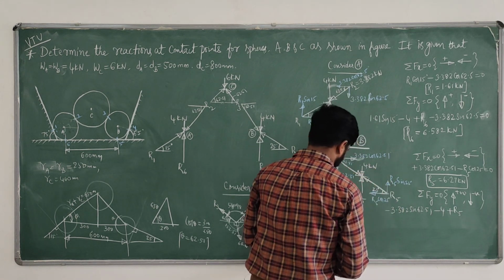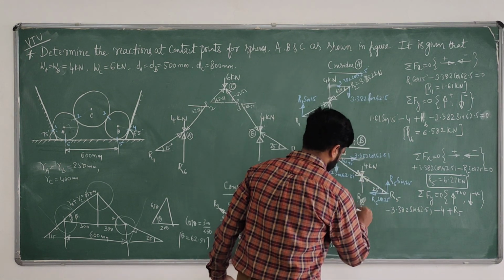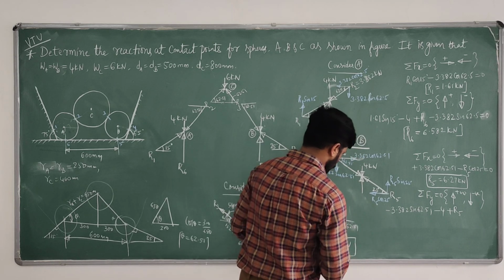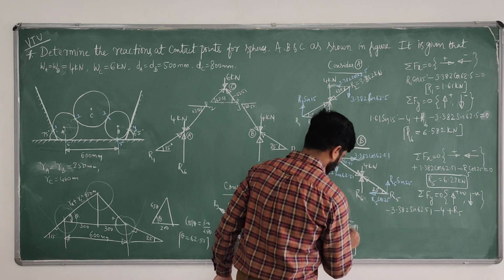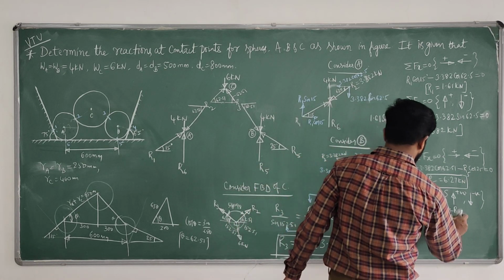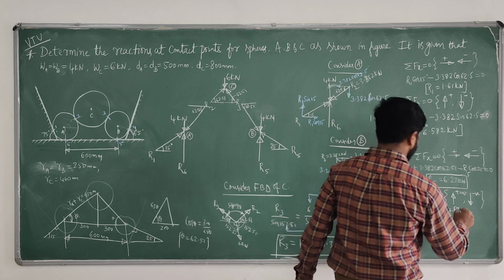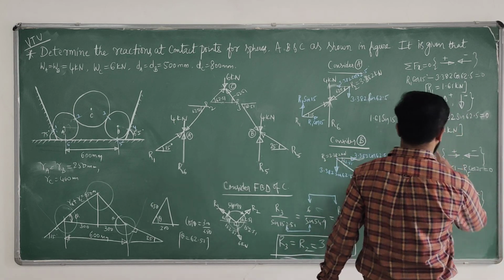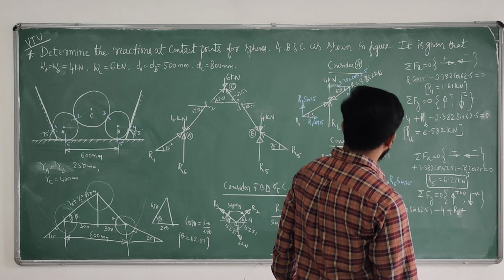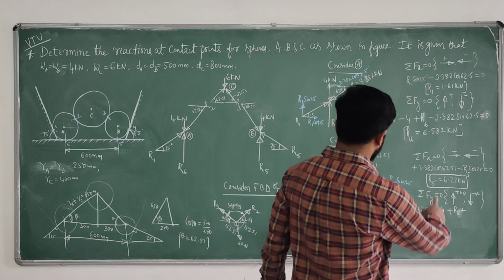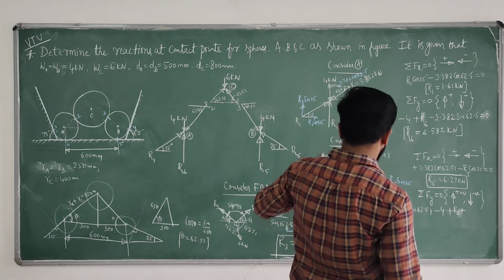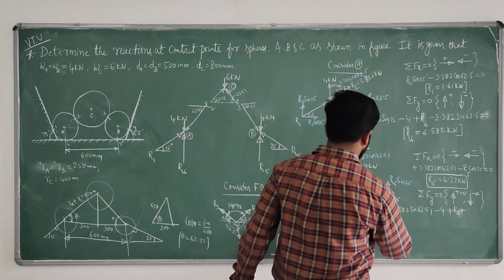This is R6 and R5. This is R6, the reaction at 6. So it will become R6 plus the R5 value, which is known. This is R4, right?